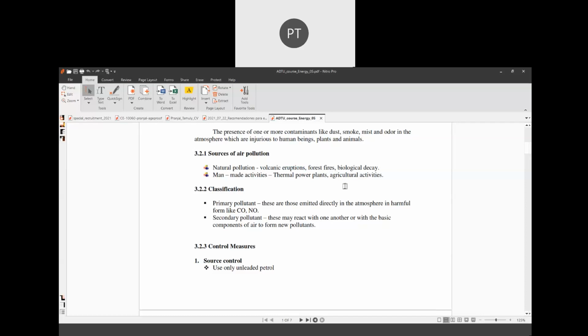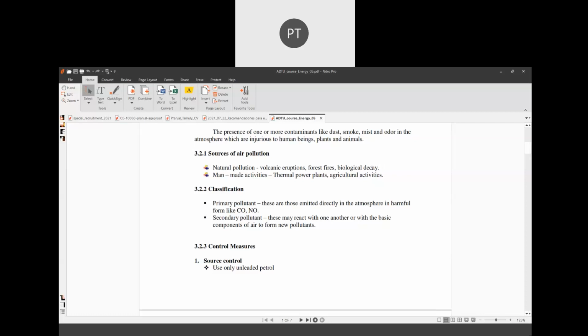Another type is the biological decay of elements. We know that the decomposition of some biodegradable elements produces gases like methane. This methane gas is also one type of pollutant.